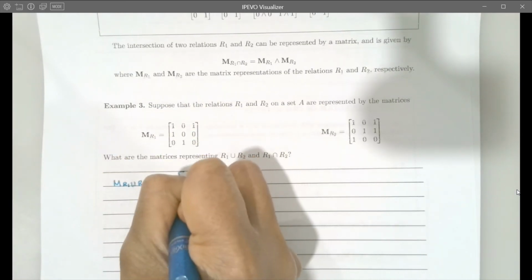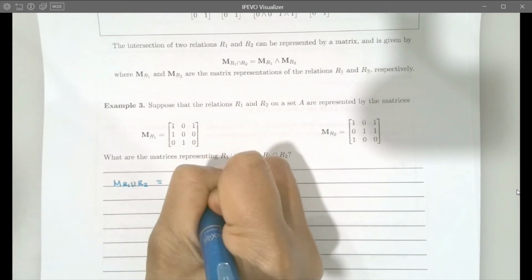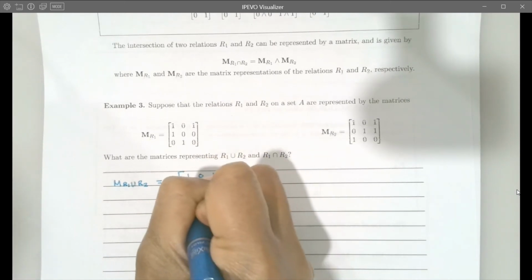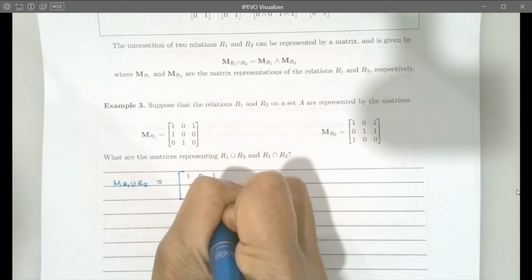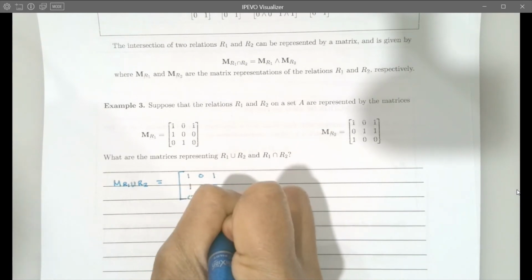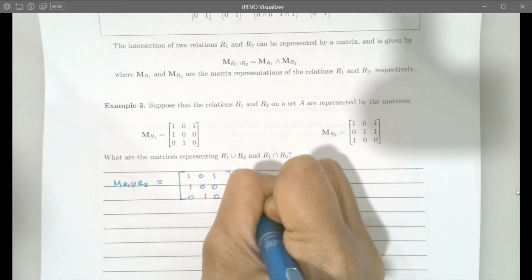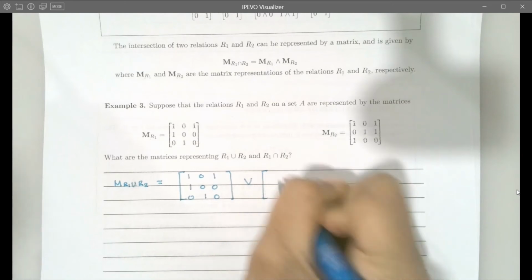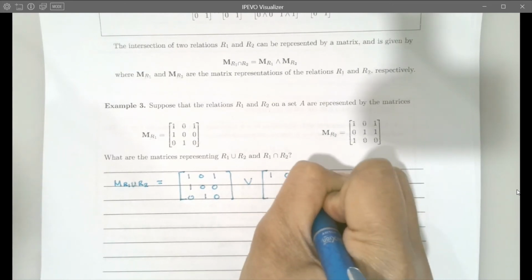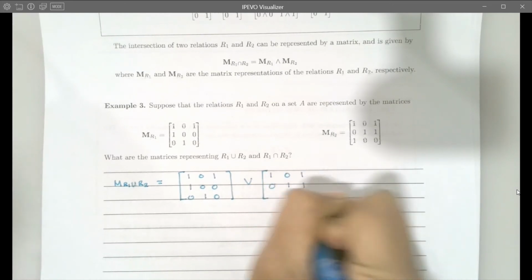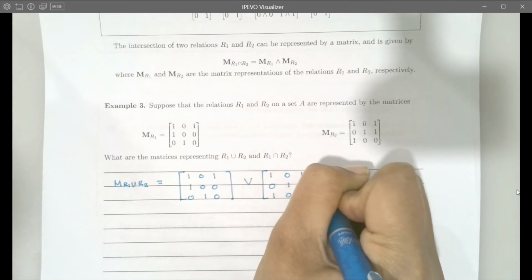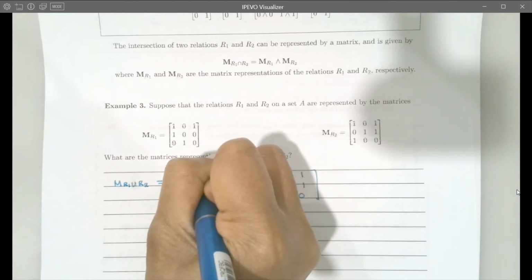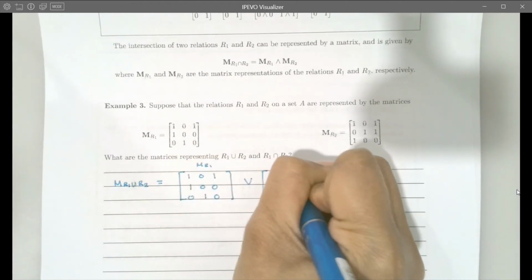That is going to be the disjunction of the two matrices. So here is the matrix that represents R1, disjunction, the matrix that represents R2. So this is MR1, this is MR2.